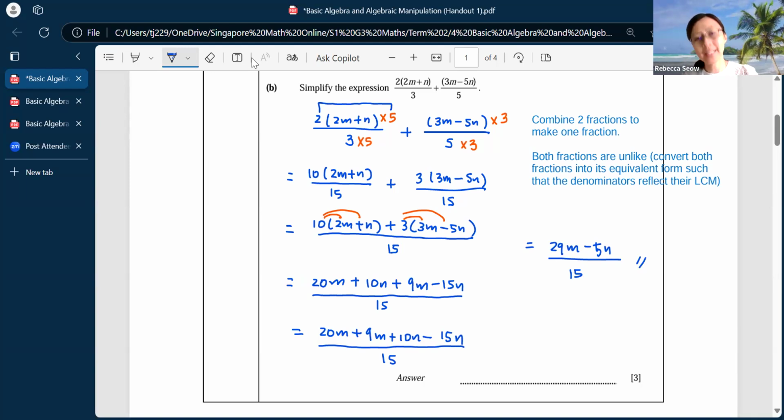Finally, this will be our answer. So this is a 3-mark question. You have to ensure every single step is clear and there is a good follow through.